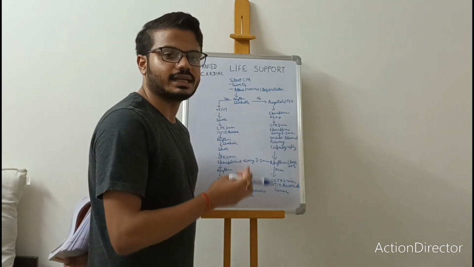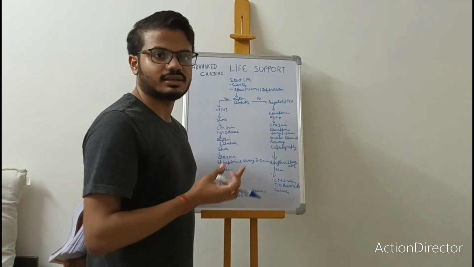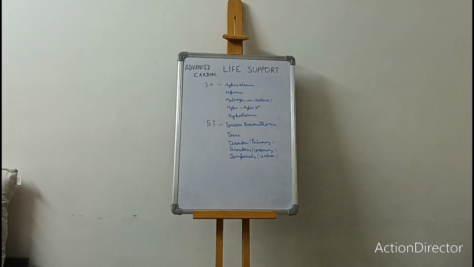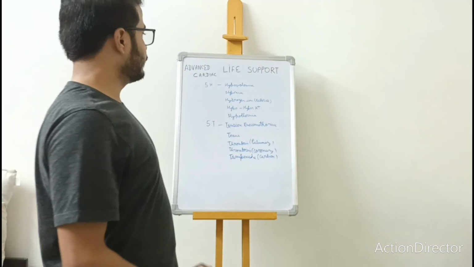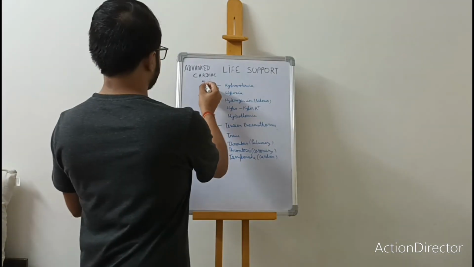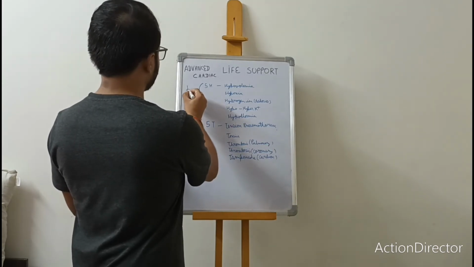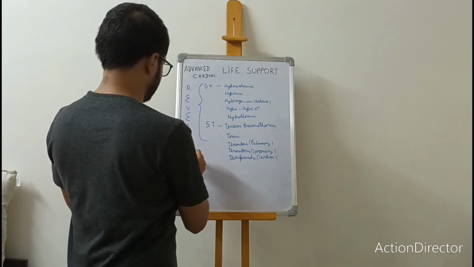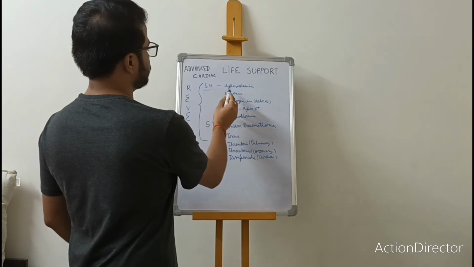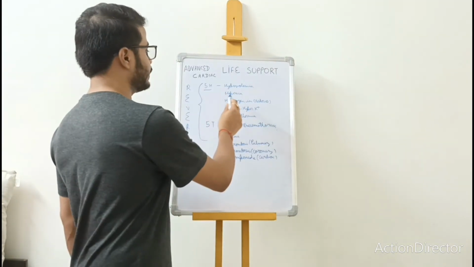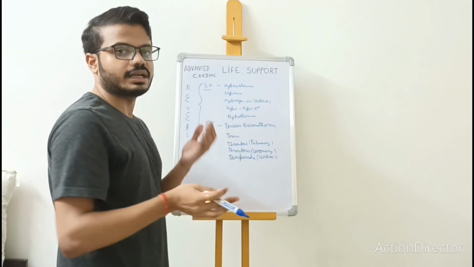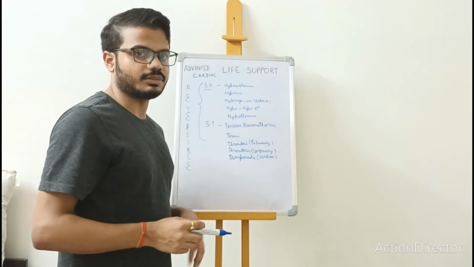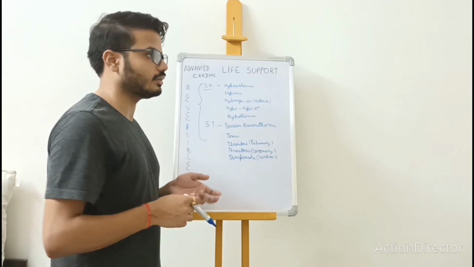So now I'll be telling you all the reversible causes, right? So copy it down. These 5H and 5T are the reversible causes, right? So 5H: one H stands for hypovolemia, then hypoxia, then an increase in hydrogen ions leading to acidosis, then hypo- or hyperkalemia, then hypothermia, right?